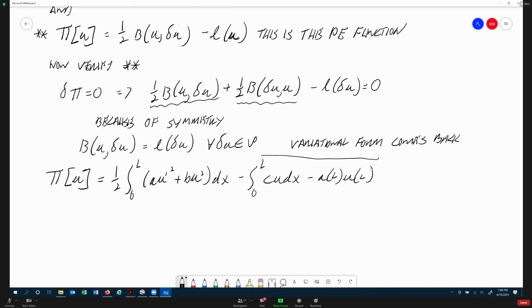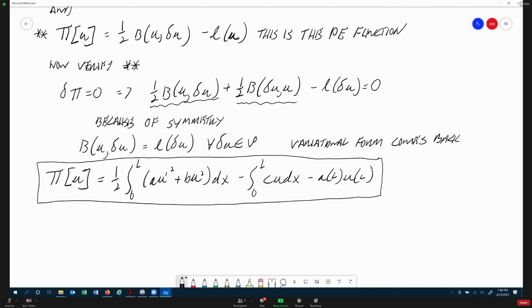This is the potential energy functional, verified for this boundary value problem.